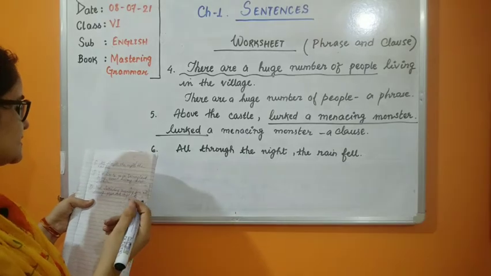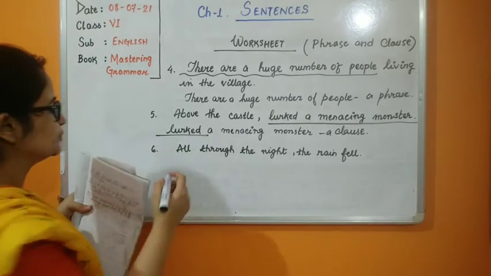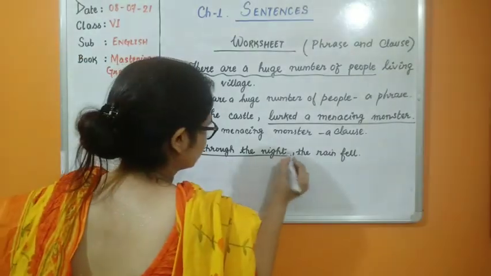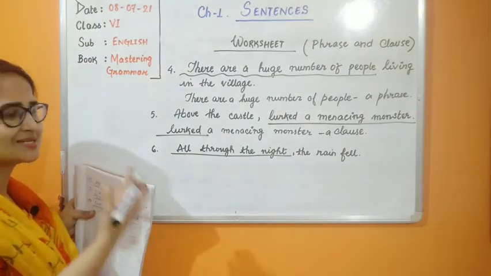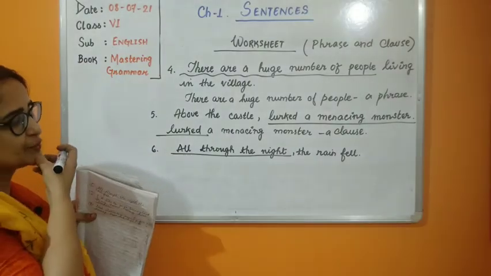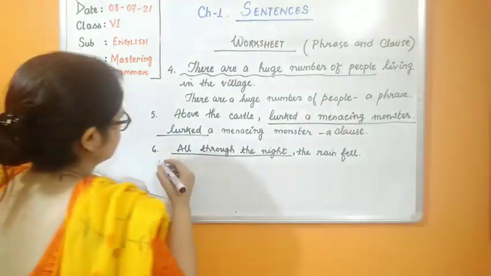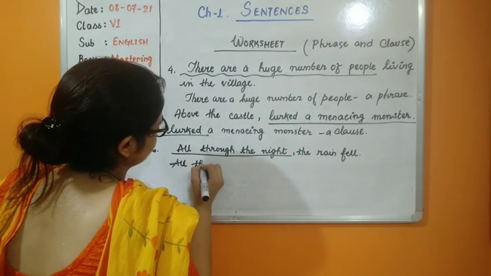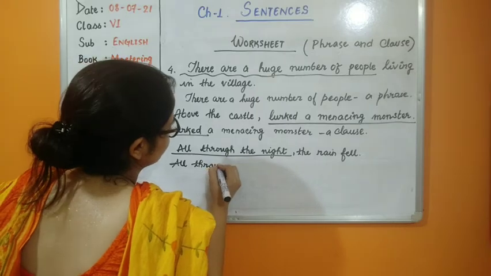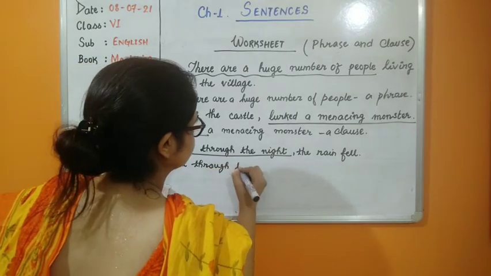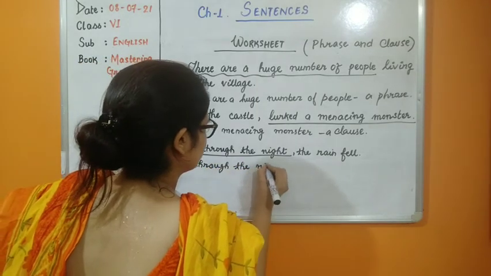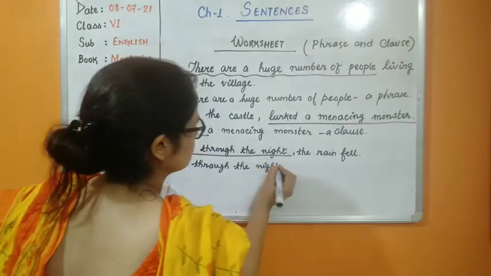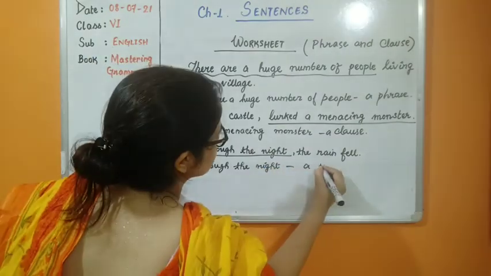Which are the words that are underlined? All through the night. We don't see a verb here children. There is no verb, only some group of words. So here this group, all through the night, is what children? Is a phrase.